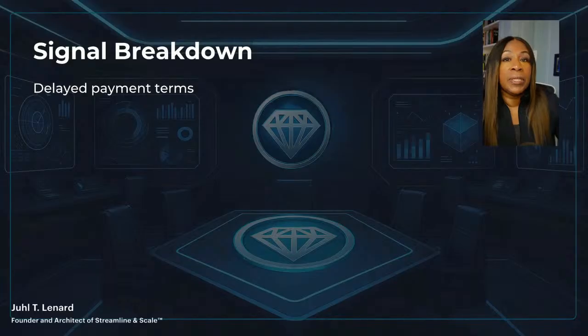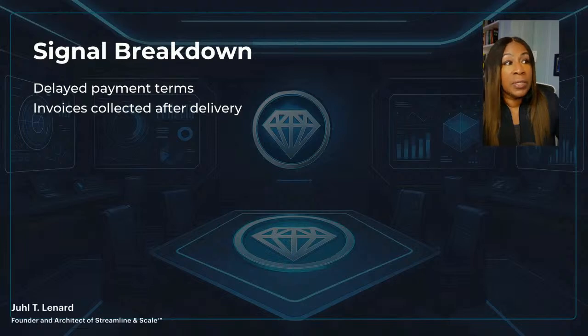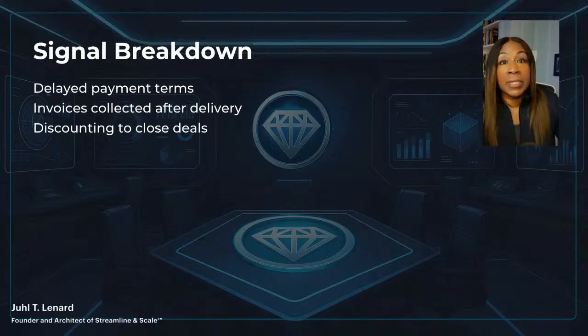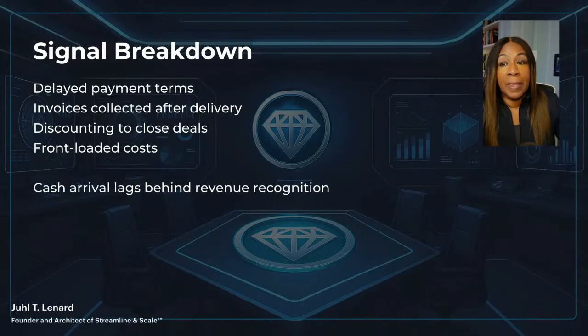Then we look at the signals. We have delayed payments. We have invoices collected after delivery. We have discounting to close deals and front-loaded costs, right? Because we have to deliver on it. And then cash arrives late. It's after the revenue.